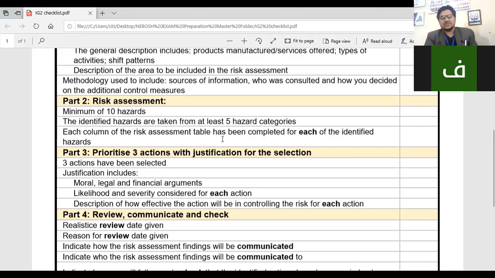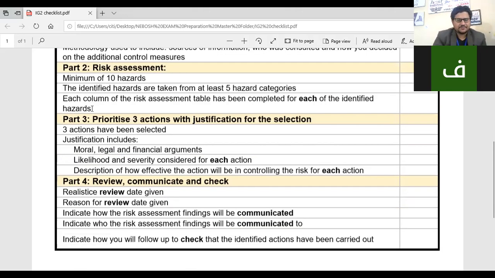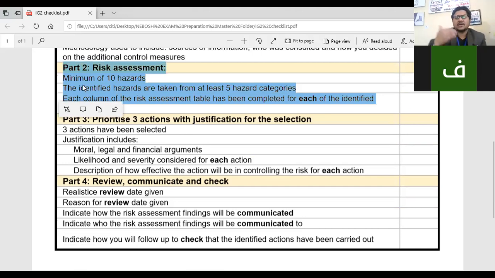That is part number 2. And for that part, again, if you go back and see your SADARA risk matrix register, or maybe one master register, or maybe several risk assessment registers would be available, process-wise, area-wise, material-wise, department-wise, or project-wise, whatsoever.